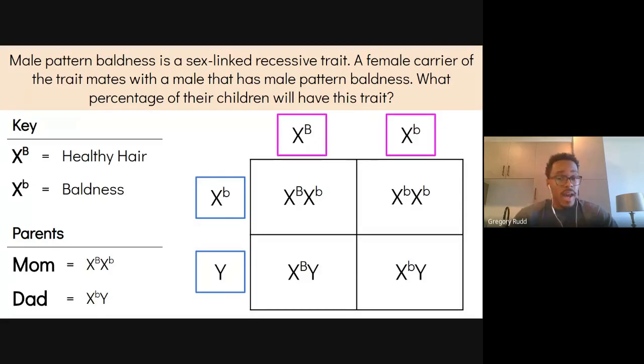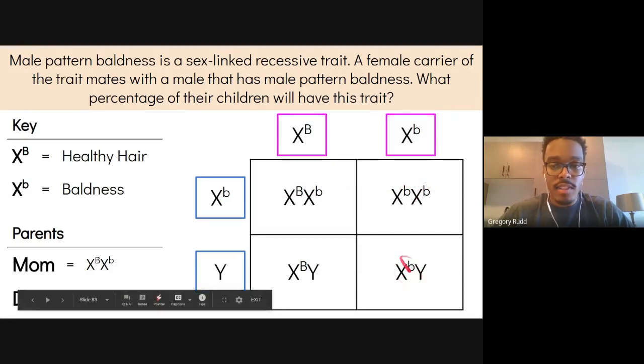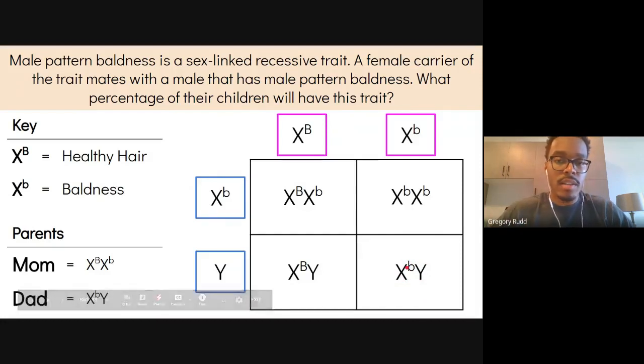We do have 75% of children are going to inherit from at least one parent the recessive allele. This person gets the recessive allele from the father. This person gets the recessive allele from both parents. This person gets the recessive allele from the mother. But not all three of them have the baldness trait.